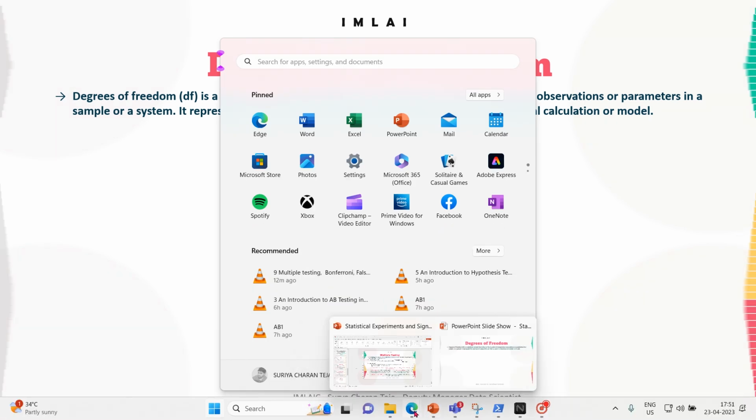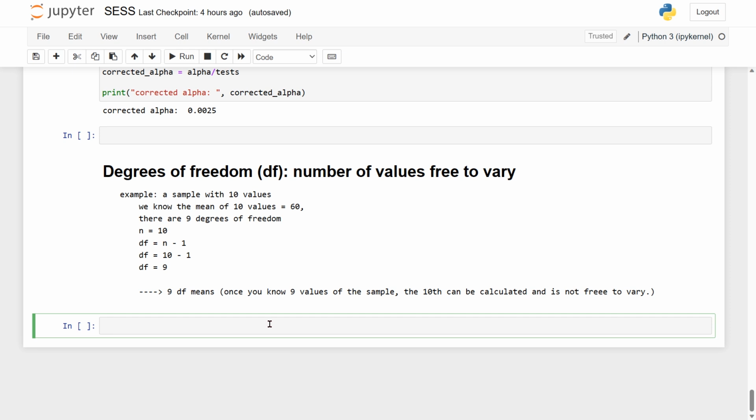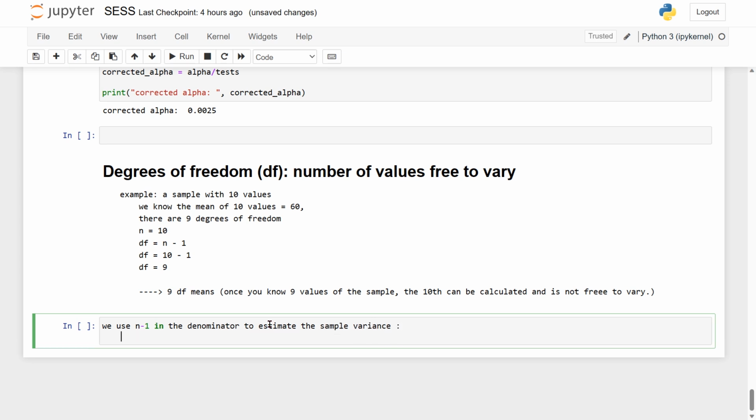Let me write it down. Normally we use n minus 1 in the denominator to estimate the sample variance, because if you use n, it will make a bias.